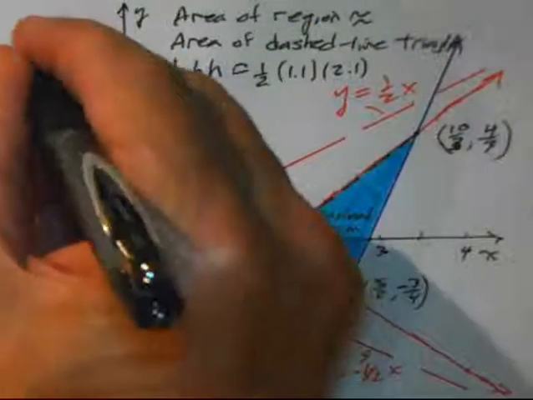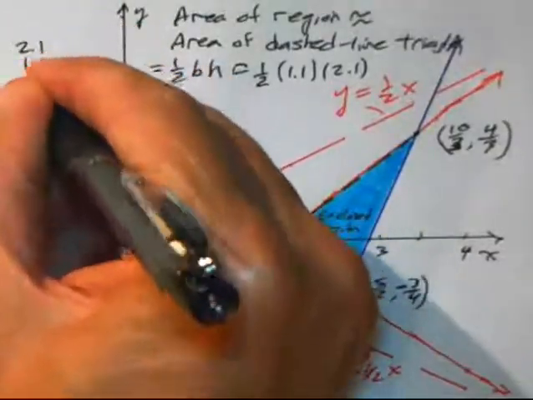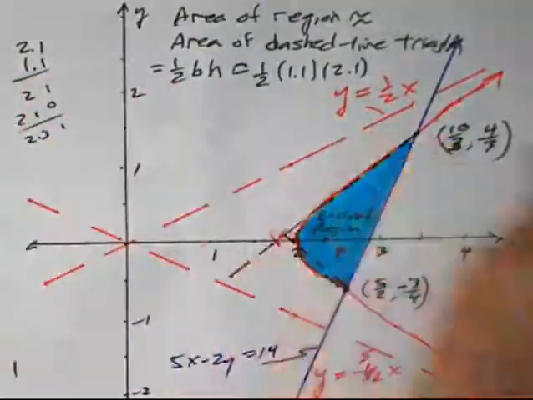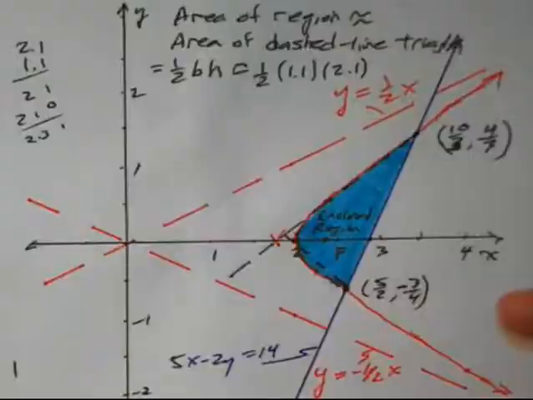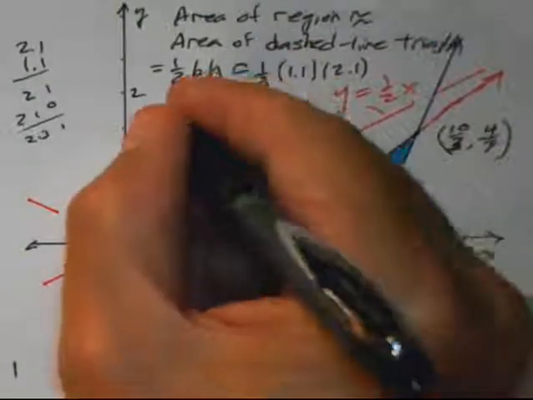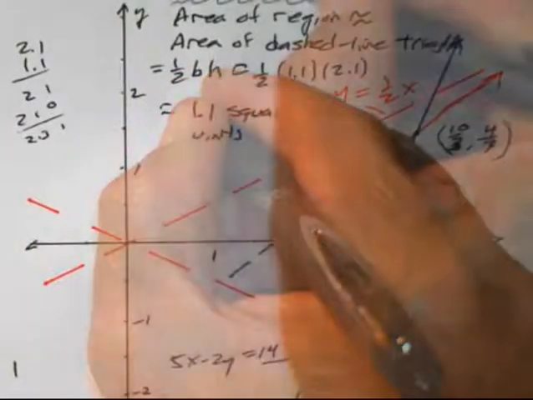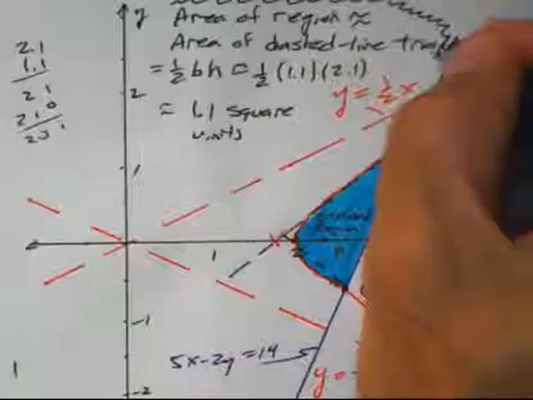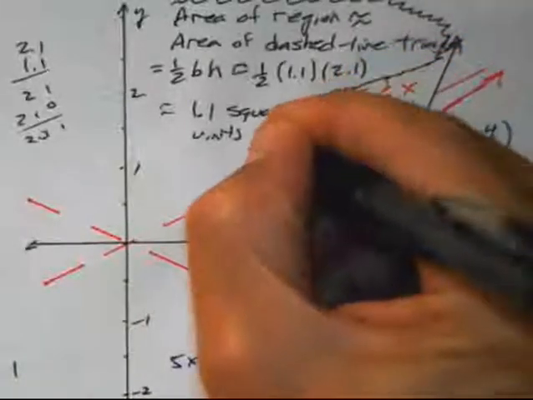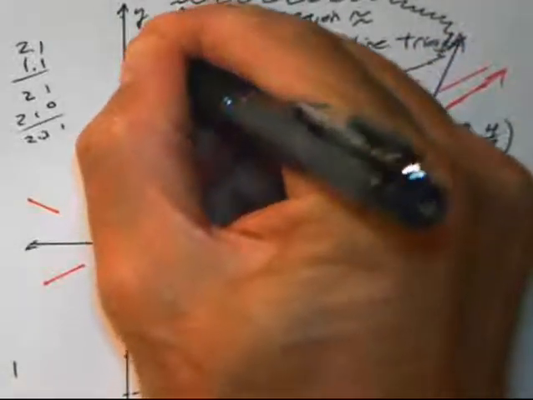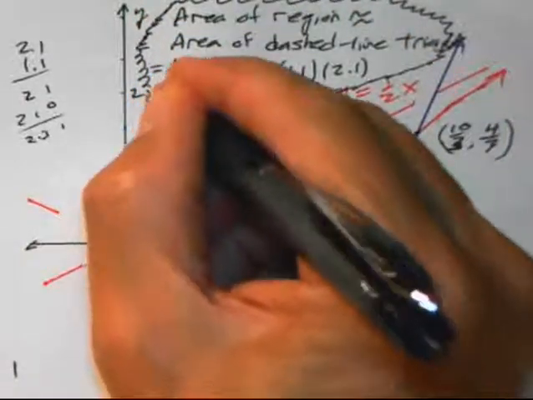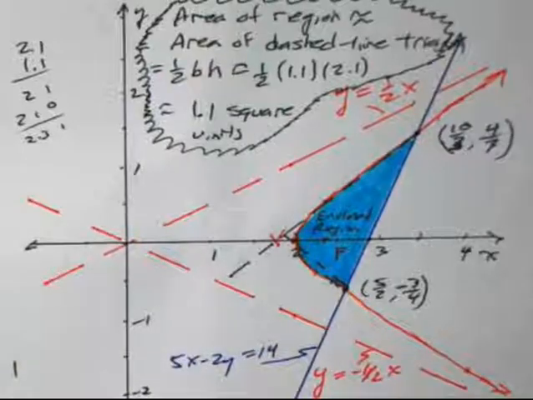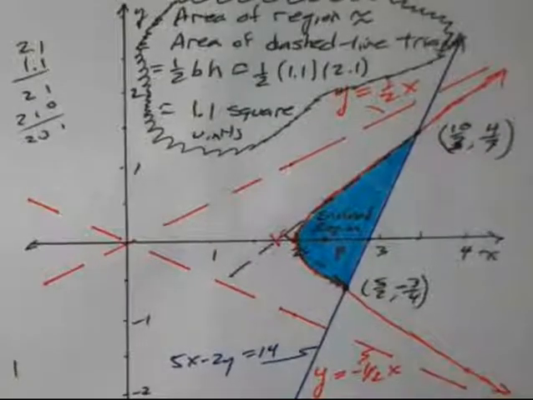And then a little arithmetic: 1/2 of 2.3, we'll call that about 1.1 square units. This is the main conclusion of this part A here, so a nice prominent cloud to mark it off.